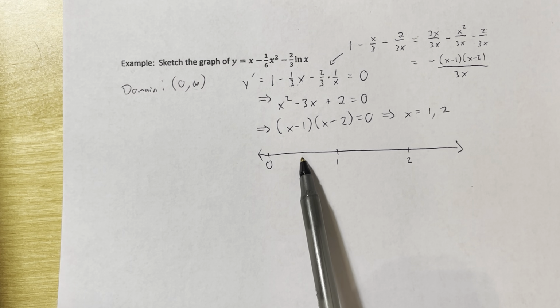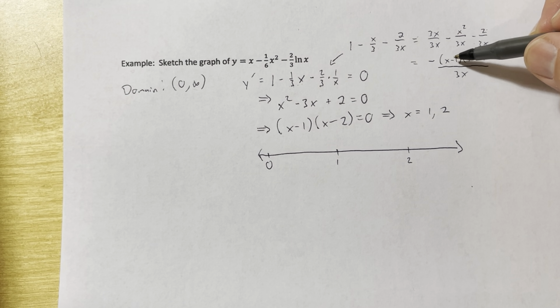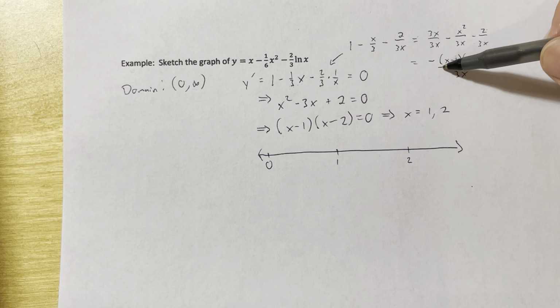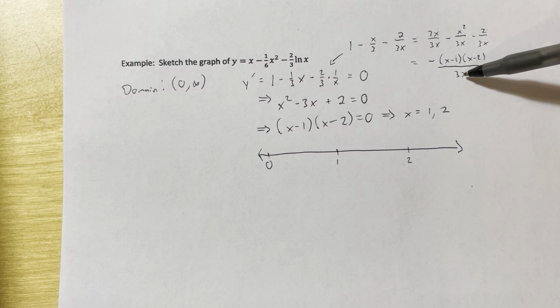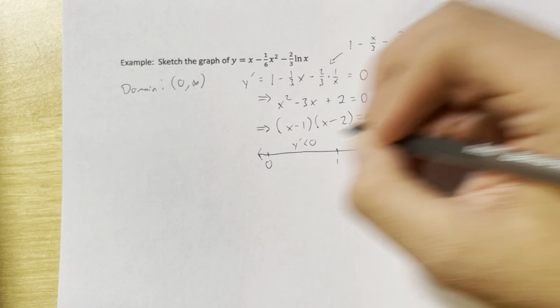So let's say we picked a number like 1/2, something between 0 and 1. 1/2 minus 1 is negative. 1/2 minus 2 is negative. So I have negative times negative, which is positive, over 3 times 1/2, which is positive. Positive over positive is positive, but then this negative out here means that's negative. So y prime is negative there.